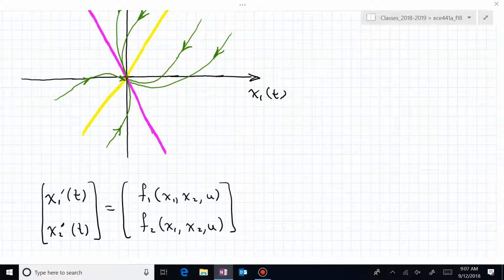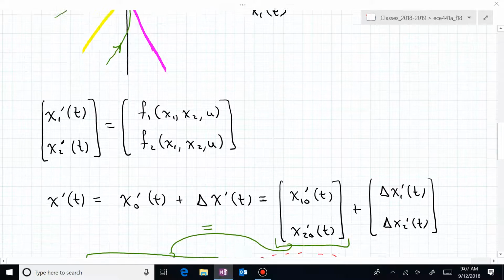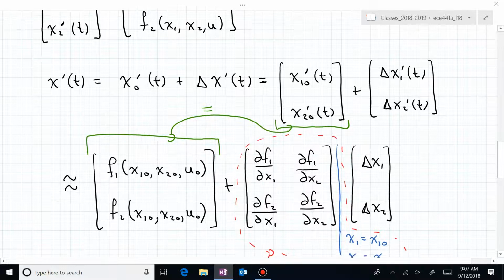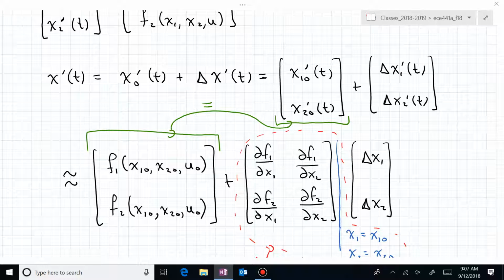If this is the setup, then we talked last time about a Taylor series expansion, where we now are going to be performing this Taylor series expansion about the nominal operating condition. And the nominal operating condition is x sub 0 prime is equal to f sub 0.